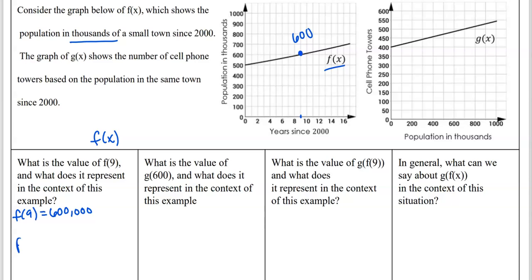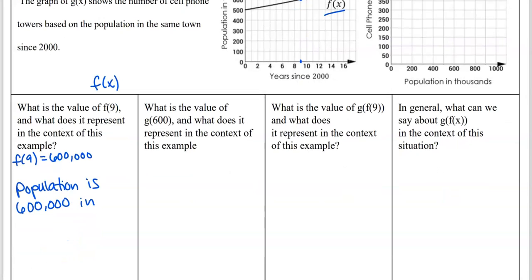It's the population. So the population is what? Population is 600,000 when? In 2009. Good. It's been 9 years, right? Since the year 2000. So that's just showing the population in the year 2009.